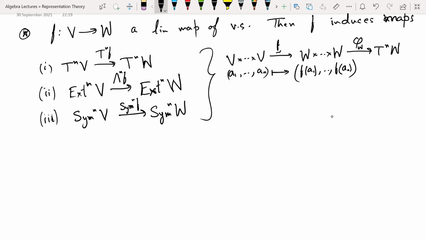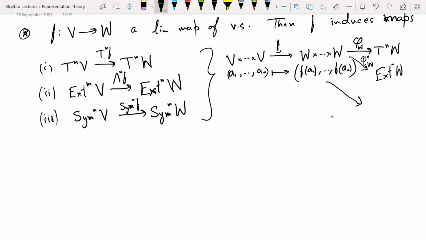And of course, similarly you can do it with alternating guys. If you send it to Ext^n W, the exterior algebra comes with an alternating map from n copies of W to Ext^n W. So if you compose f tilde with this map, let's call it E, then you get an alternating multilinear map.